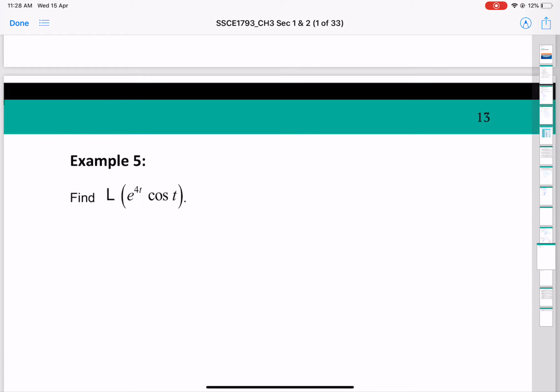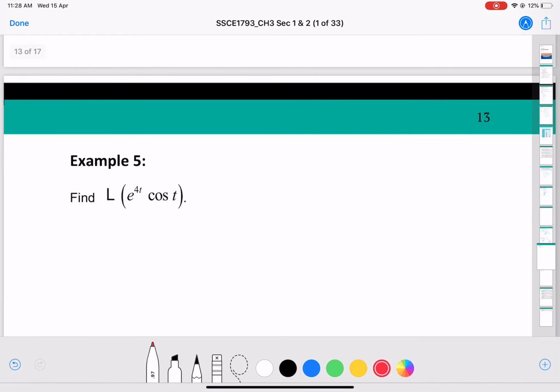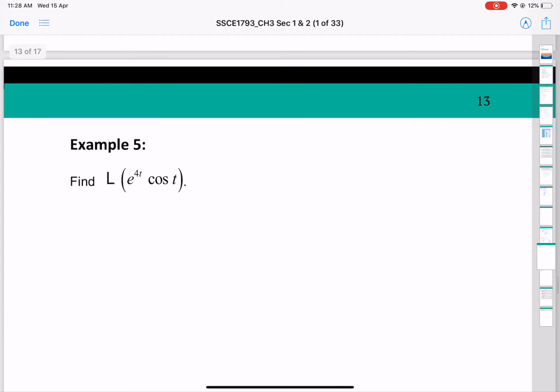Okay, next example, we have exponent multiplied by cos. As I said previously, first we know that exponent at multiplied by ft, we use the first shifting property. So now my a is equal to 4 and my ft is equal to cos t.